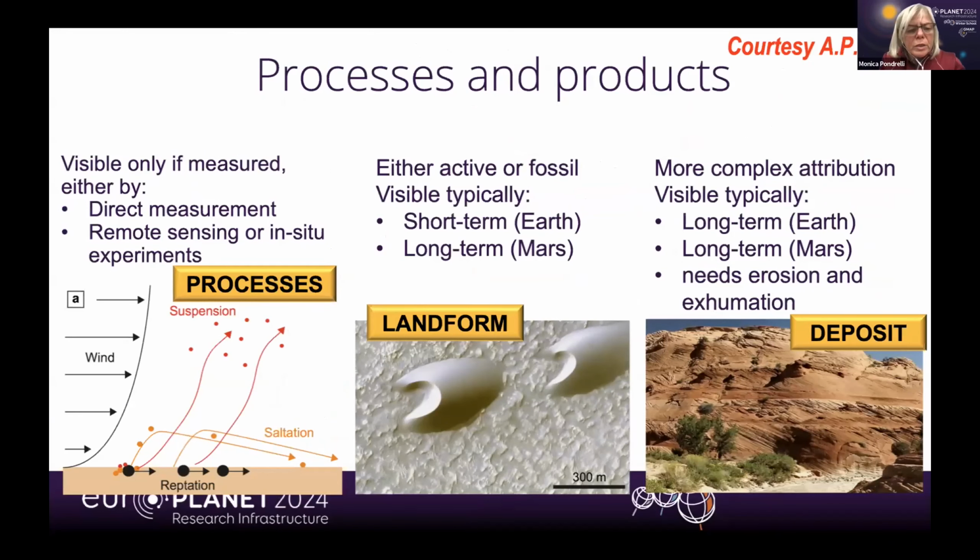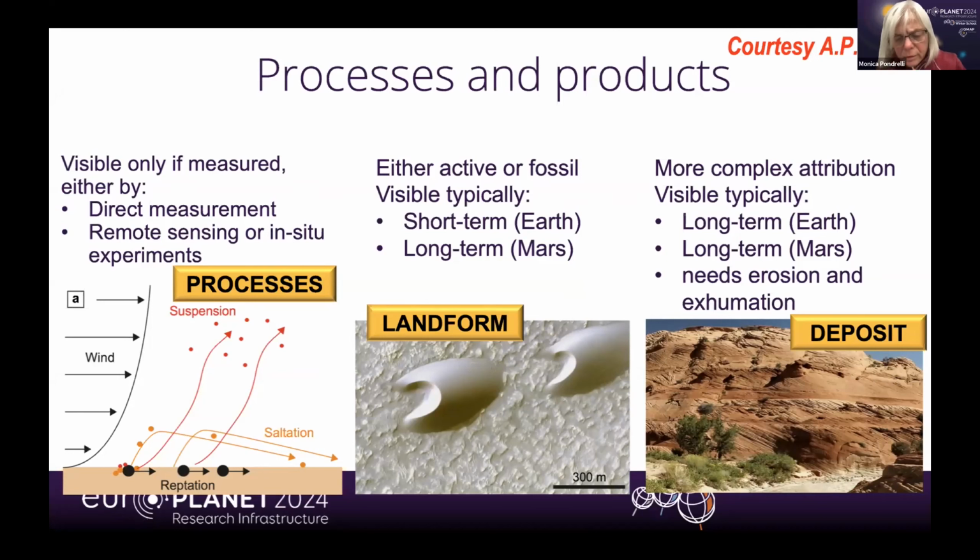To form sedimentary rocks, we start with the processes, which, for example, here, this is aeolian transportation: clusters are transported by saltation, reptation, and suspension. These are the processes. With time, processes lead to the formation of landforms. This is a dune, for example.